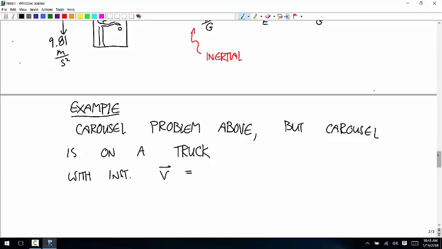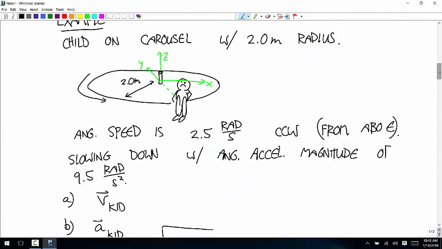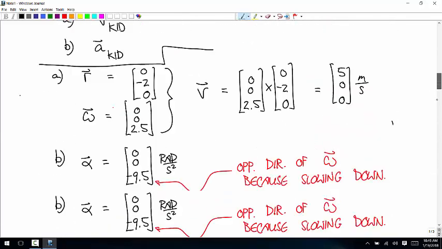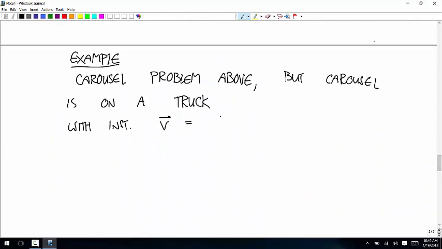Let's say the truck is driving in the positive x direction, so 20, 0, 0 is the velocity of the truck, meters per second.